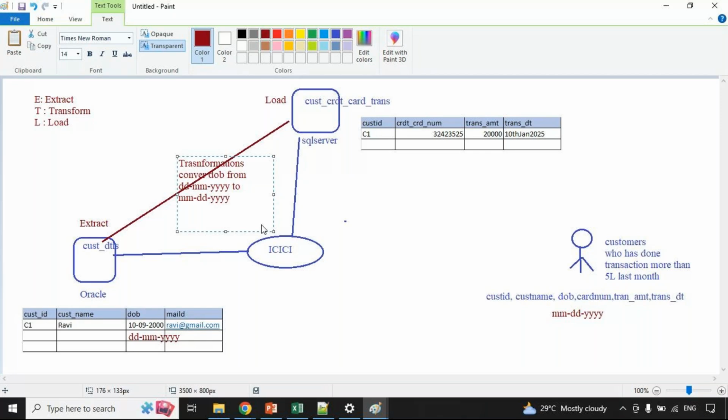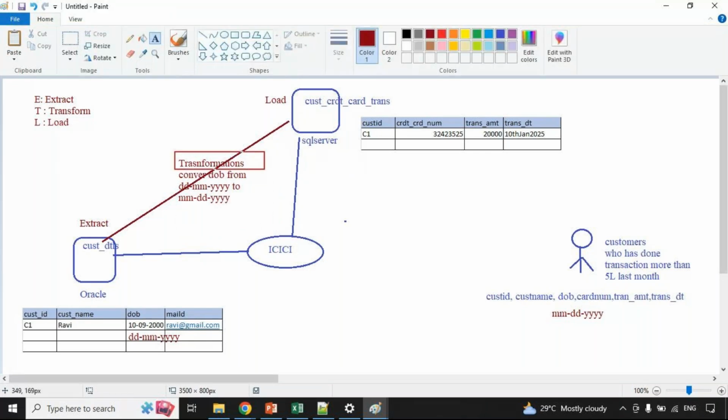This is one transformation. I am extracting from Oracle, applying the transformations, and loading into the target. So ETL is a process. As per the requirement, we have to move the data and we can apply the transformations. In this case, the source is the Oracle and the target is the SQL Server. So it can be source and target.